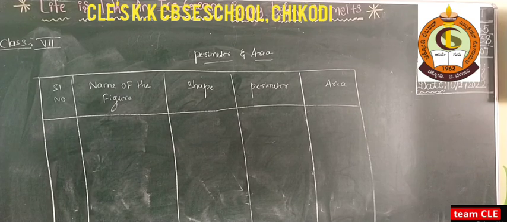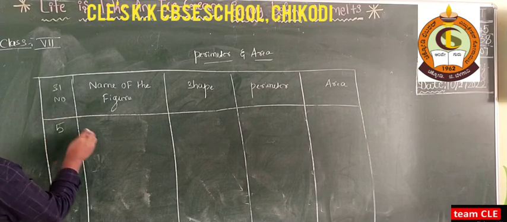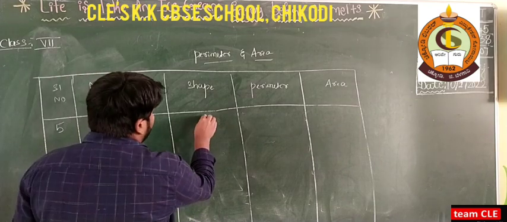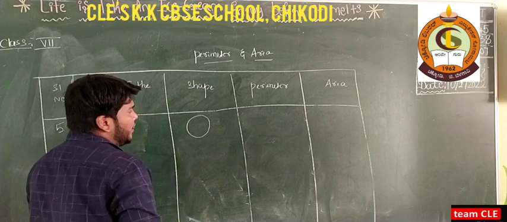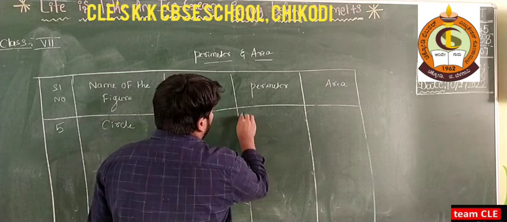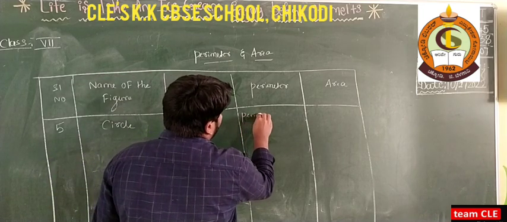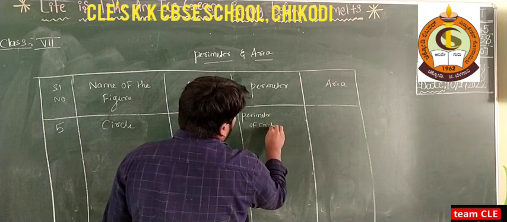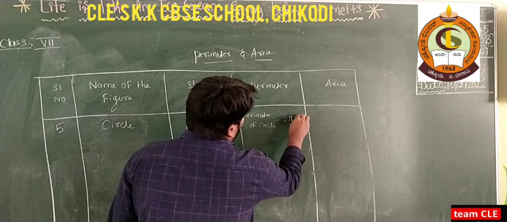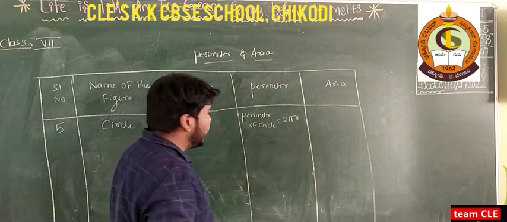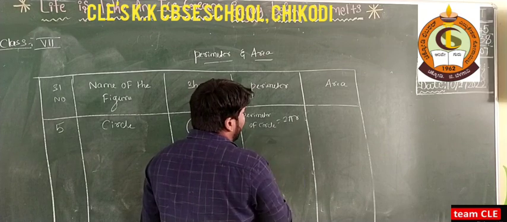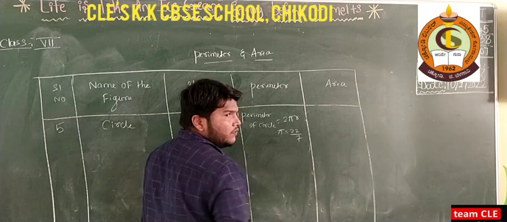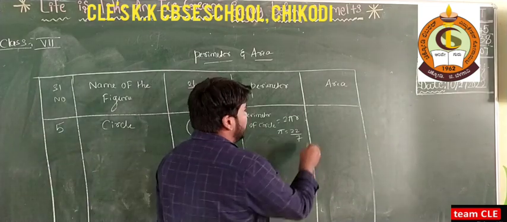Next, the fifth one is the circle. The shape will be a circle like this. Perimeter of circle is 2 pi r, where r is the radius and pi is 22 by 7.